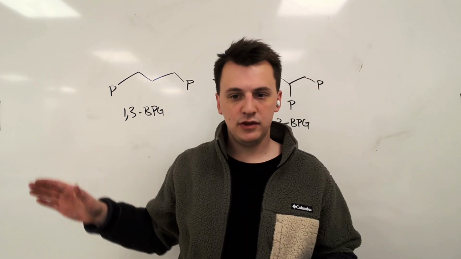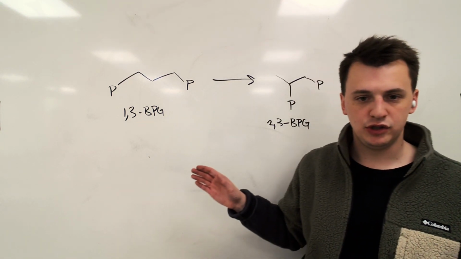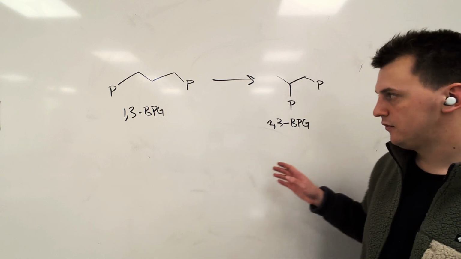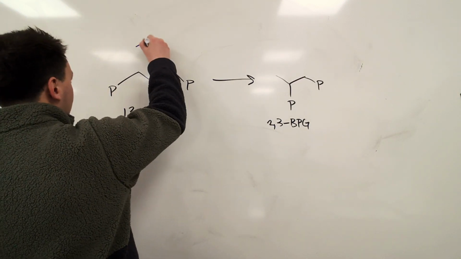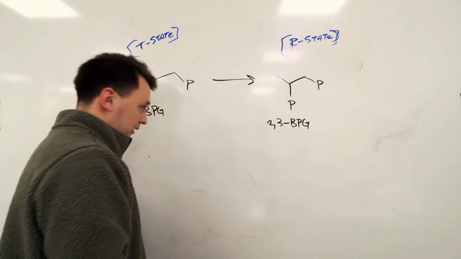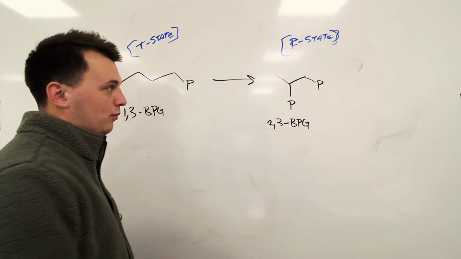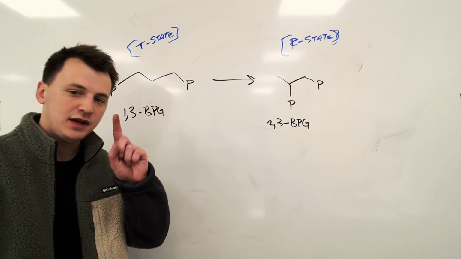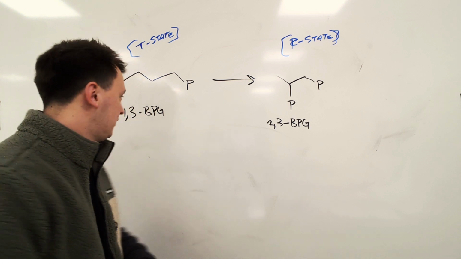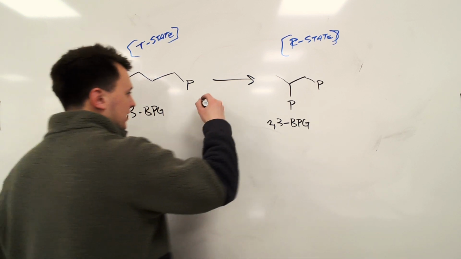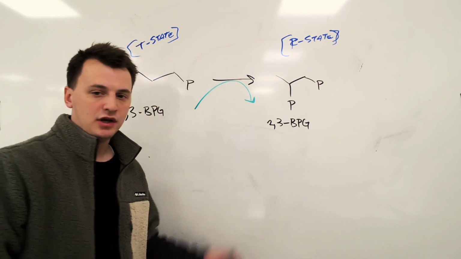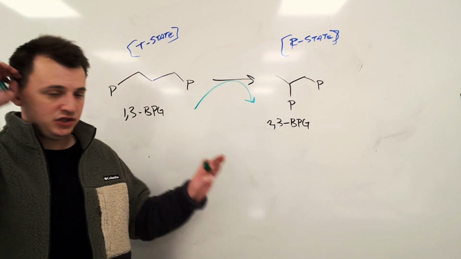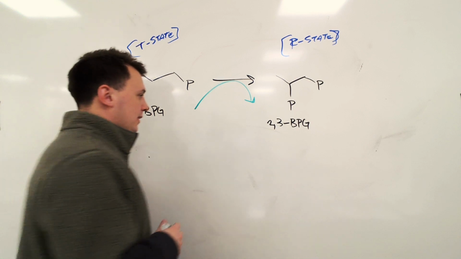Okay, so we have 1,3-BPG and 2,3-BPG. So 1,3-BPG is T state signaling. And then mainly the whole point of this is to understand one thing, and that is an enzyme. And let's just do that enzyme in green. The enzyme is what changes the conformation of 1,3-BPG to 2,3-BPG.